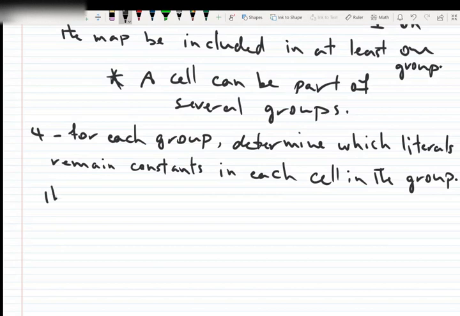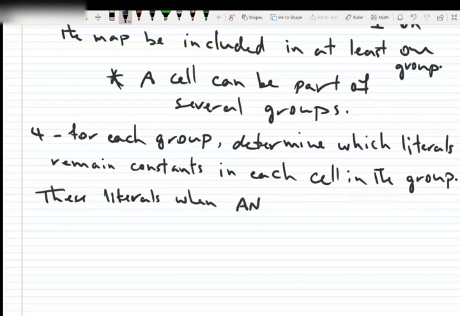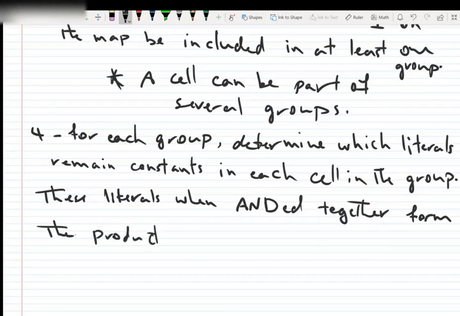These literals, when ANDed together, form the product terms of the sum of products function.